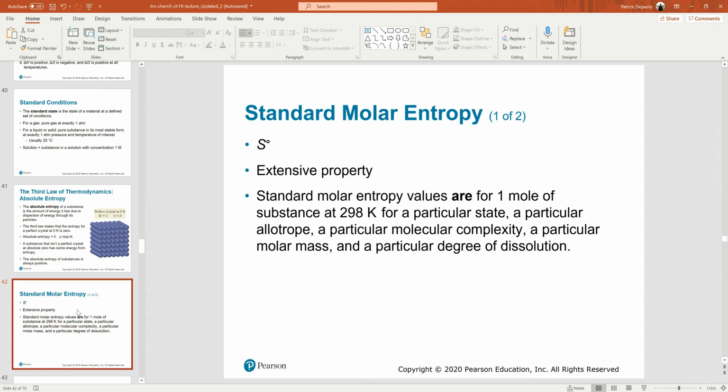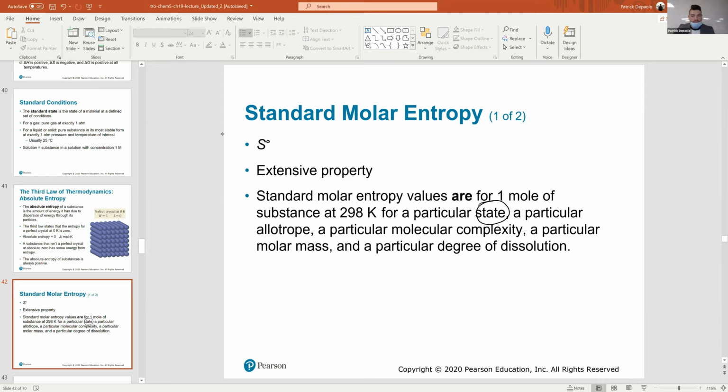Let's take those terms one at a time. Particular state, not like New Jersey, New York, but solid, liquid, gas. Which one will have a higher molar entropy? Good, gas.